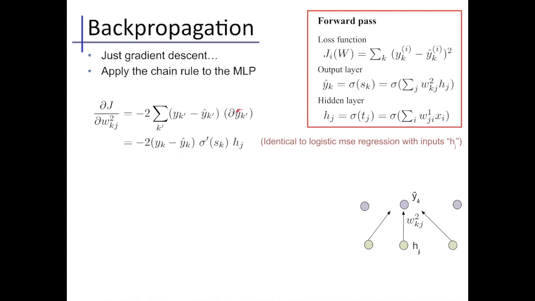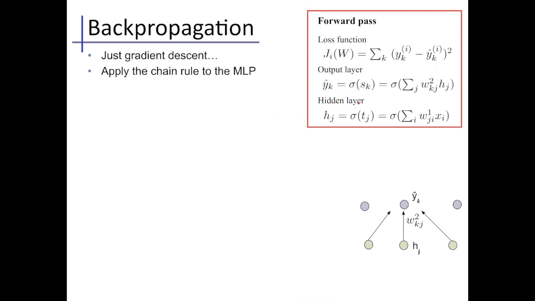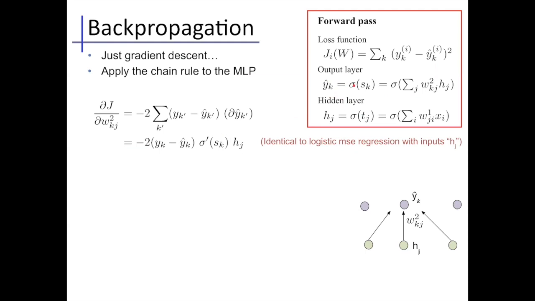We apply the chain rule, because the dependence of y hat on W2 is mediated through S. First we calculate the derivative of the nonlinear activation function, y hat with respect to S, which will be sigma prime. Next, the derivative of S with respect to W is simply h. That completes the entire path of calculating the gradient with respect to W2.